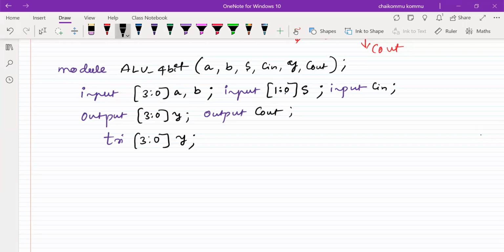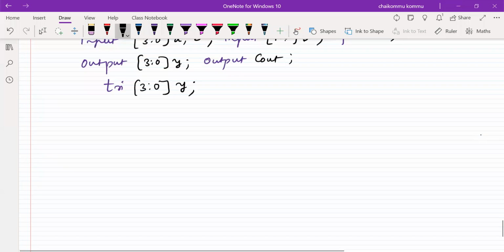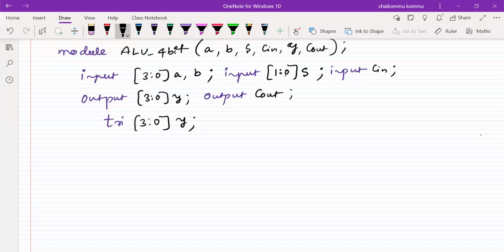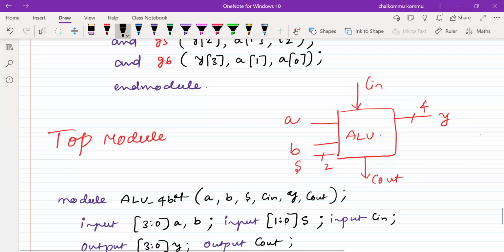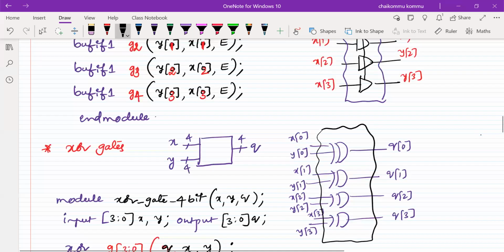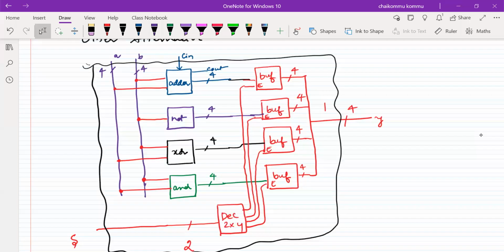So let us call one by one. What is module number 1? Let us consider the first adder. First adder, let us consider this is M1, next this is called M2.